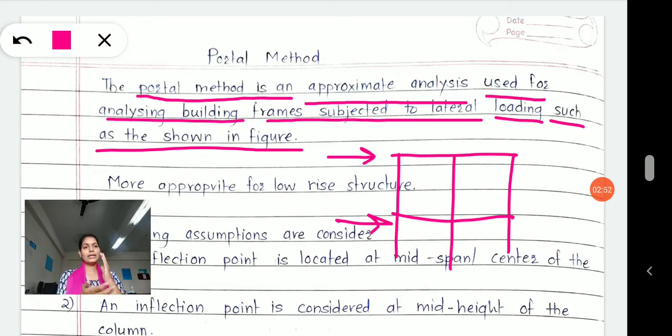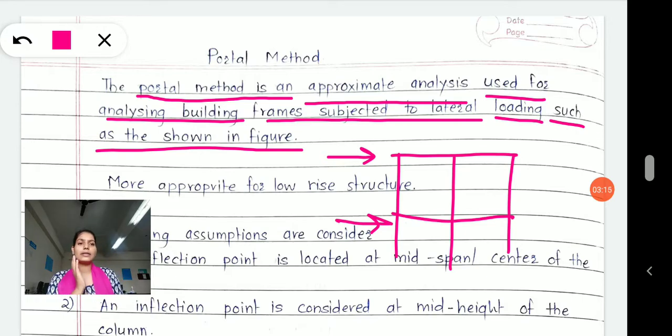How? See, this is your structure which has multiple stories, and naturally wind is flowing by the side, and the structure suddenly comes in the path of the wind, and the wind continuously strikes the surfaces of your structure.